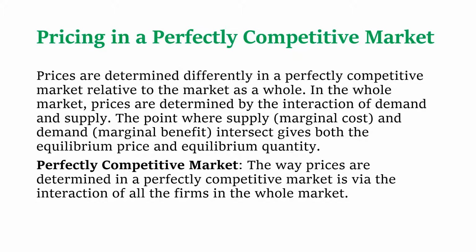Even though its marginal cost is very low, its opportunity cost is very high. Because of that, it will go out of business. So this is the reason why we say that the farm in a perfectly competitive market is a price taker. It has no influence on the prices that prevail in the market.